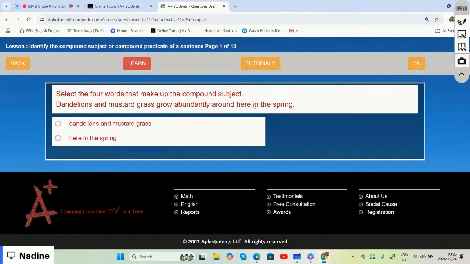All right, we need to select four words that make up a compound subject. Dandelions and mustard grass grow abundantly around here in the spring. We need to select the four words that make up the compound subject. Is it option one, dandelions and mustard grass, or option two, here in the spring?